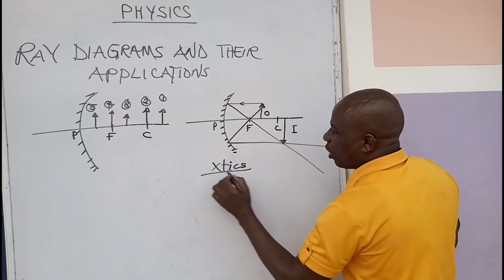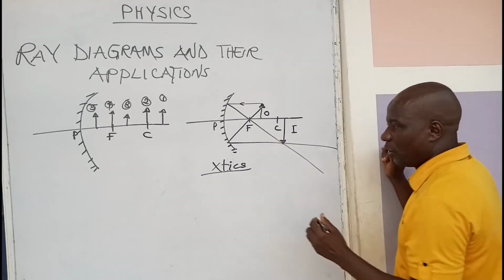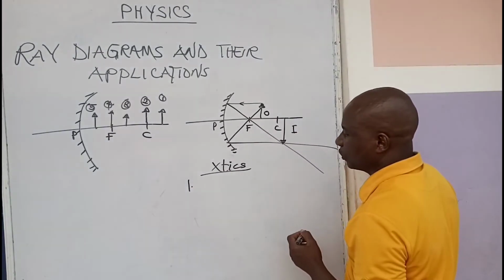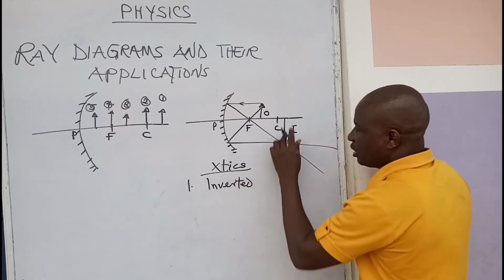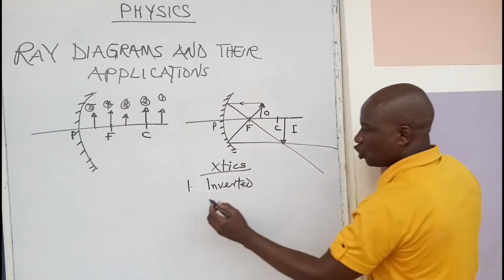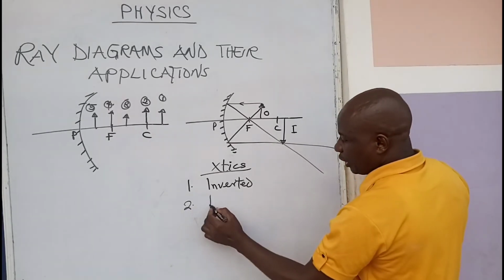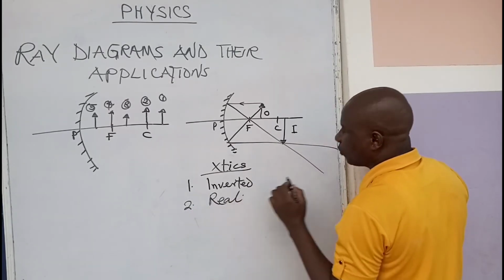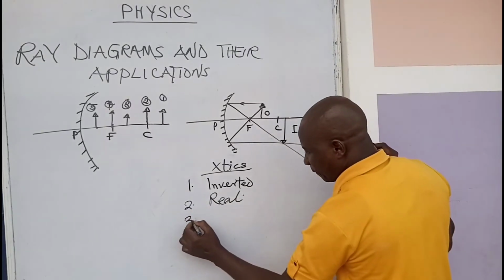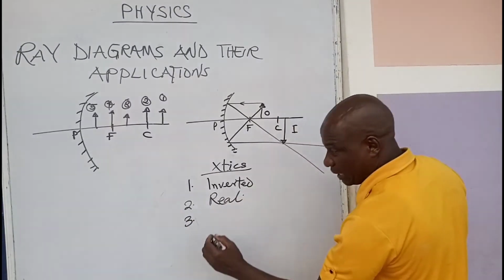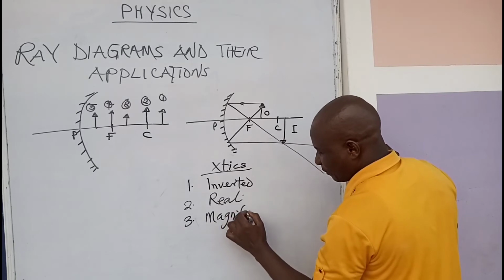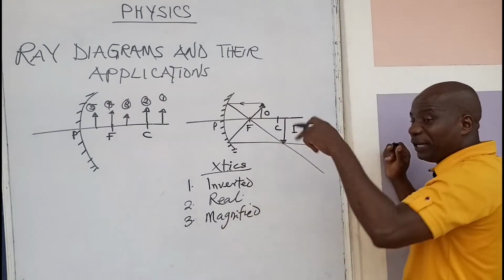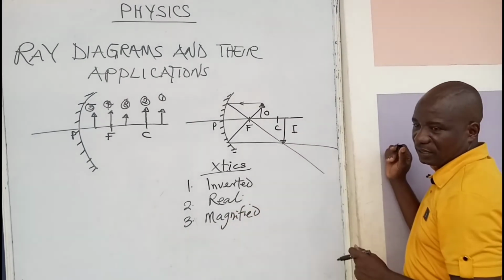The characteristics of the image formed: One, it is inverted. There is no doubt about that. That is, it is upside down. Two, it is real. Three, it is magnified, that is, bigger than the object.